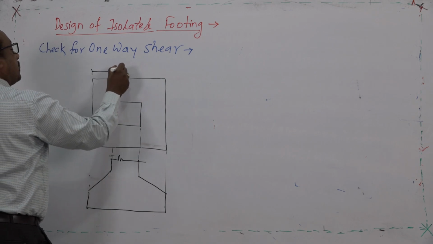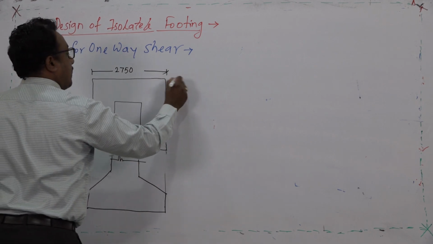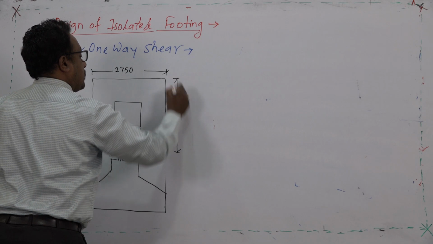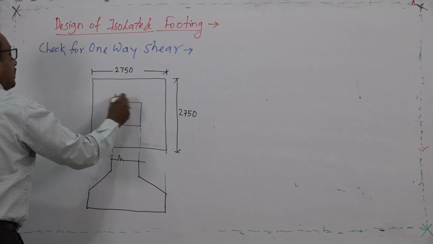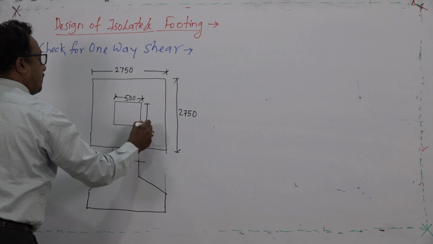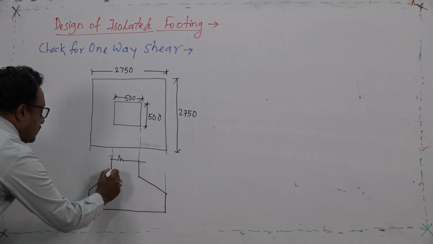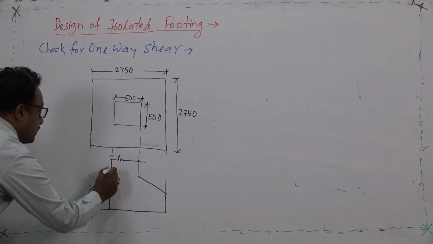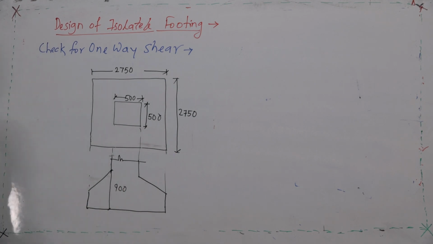This was 2750 millimeter, this was 2750 being square. This is 500, this is again 500. We fixed the depth of footing, which is an overall depth of 900 millimeter. This was the outcome of our yesterday's effort.